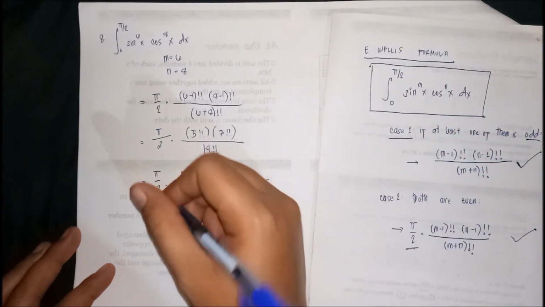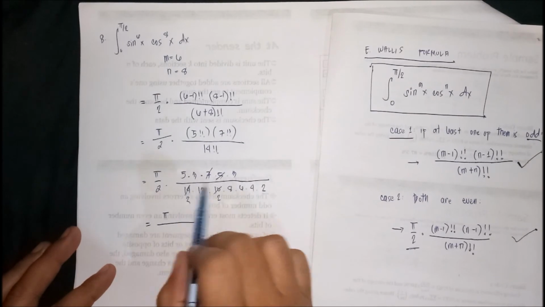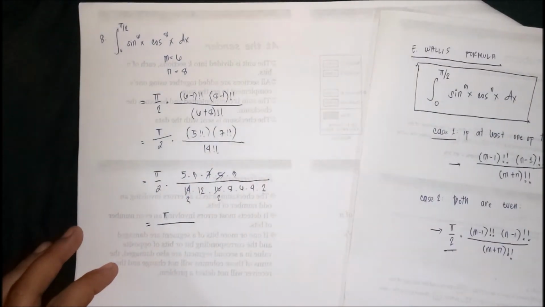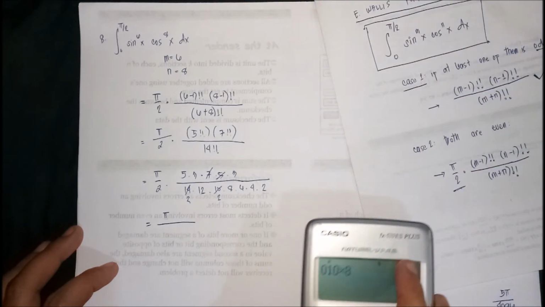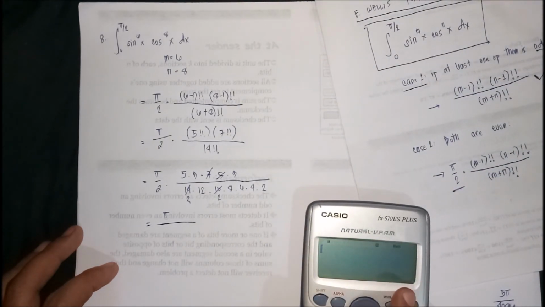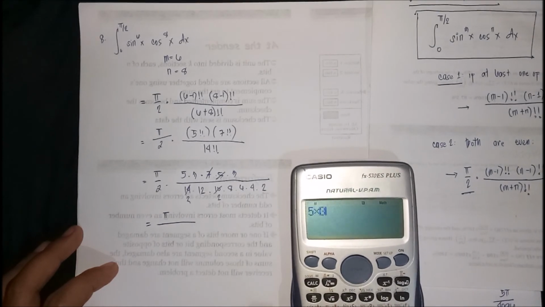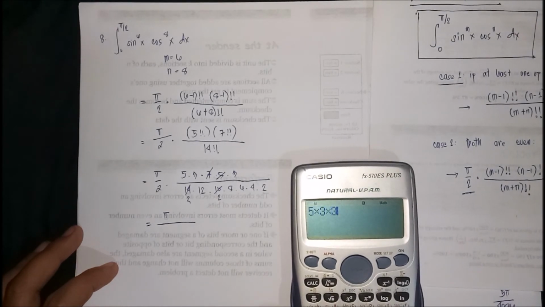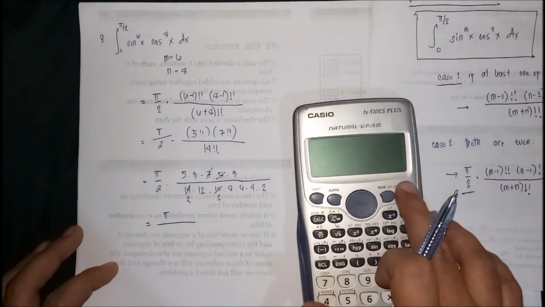Simplifying this, class, sulat ko na lang itong pi. Okay? Itong nasa taas, class, I'm just gonna get my calculator. This is equal to, sige na nga, 5 times 3 times 3. Diretso ko na sa calculator, class, all over, oh, sorry.